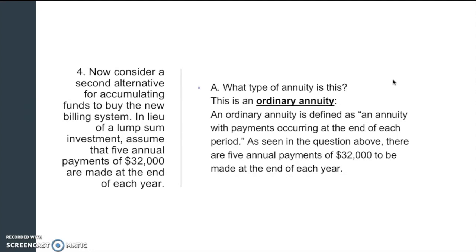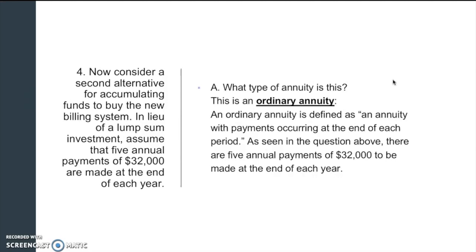Question 4. Now consider a second alternative for accumulating funds to buy the new billing system. In lieu of a lump sum investment, assume that 5 annual payments of $32,000 are made at the end of each year. So remember, an annuity is a series of payments made at equal intervals.